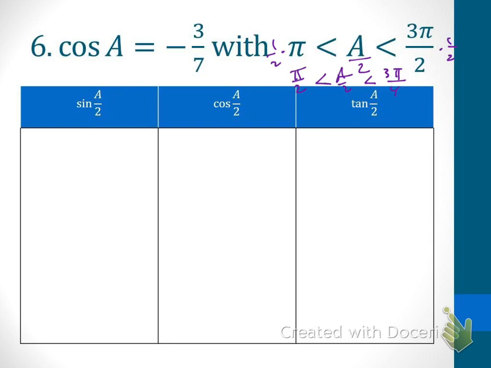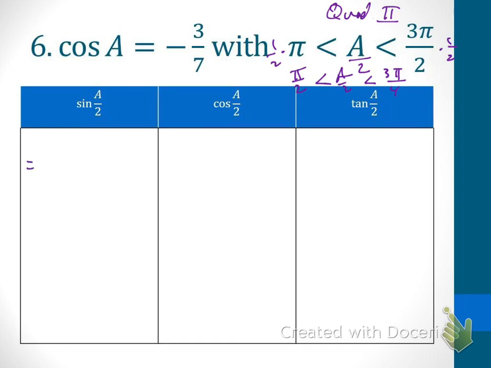And between pi over 2 and 3 pi over 4 puts us in quadrant 2. Okay? So where it seemed like we were in quadrant 3, the half angle is actually in quadrant 2. So we got to base our plus or minuses off of that.